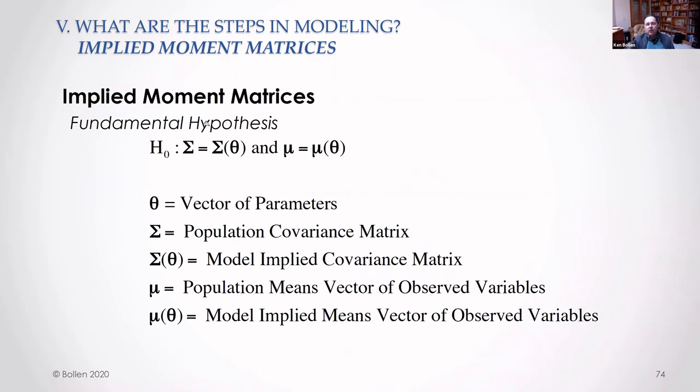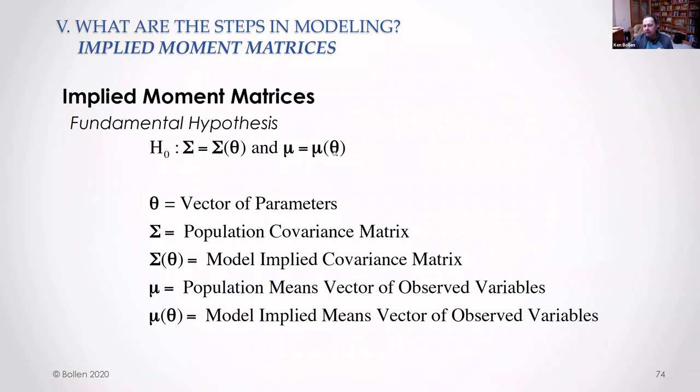So this fundamental hypothesis is saying that there exists a nonlinear function of the parameters in your model, all those regression coefficients, variances, covariances, factor loadings, that you can put together. If your model is correct, you'll be able to exactly predict the population covariance matrix of the observed variables.